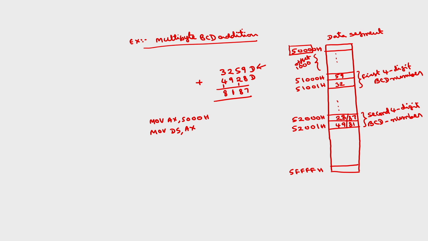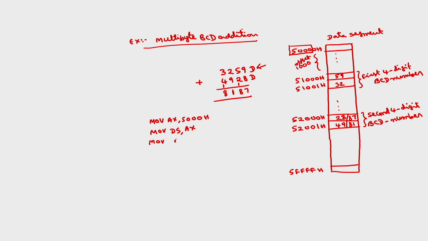Then you point to where the first 4-digit BCD number is there, that offset into some register. This is same as the previous programs. Okay. So I am using again BX and SI, and because I have to add 2 bytes, you can store 2 onto some register.